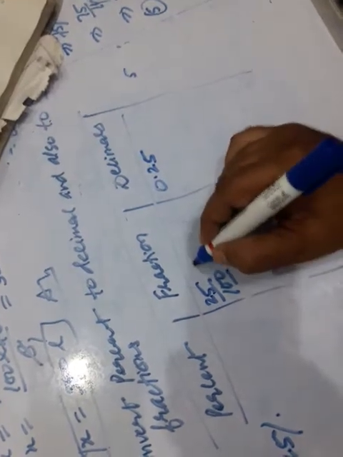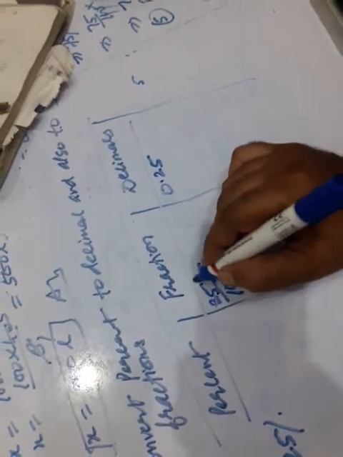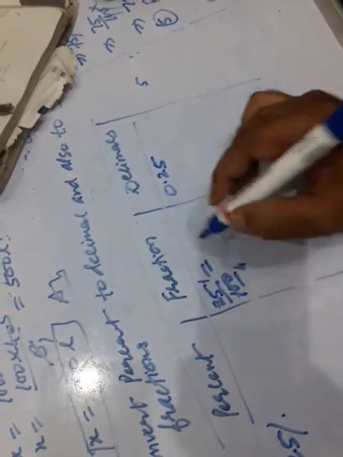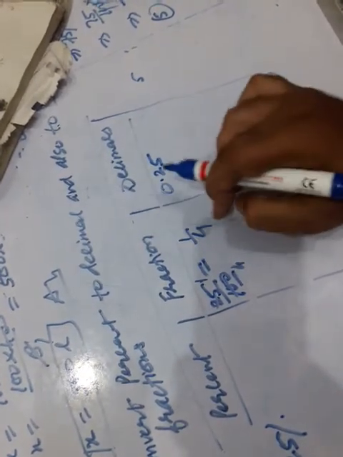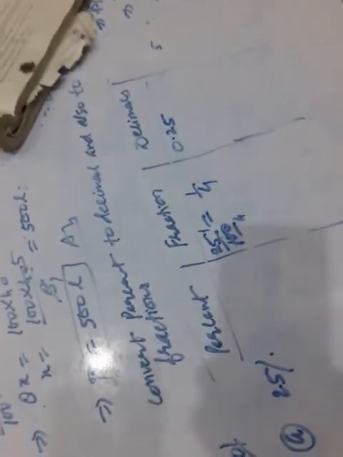And 25 upon 100, 25 ones are 25, 25 fours are 100, that is 1 upon 4. So the fraction is 1 upon 4, and its decimal representation is 0.25. Okay children, this is how we have to move ahead.